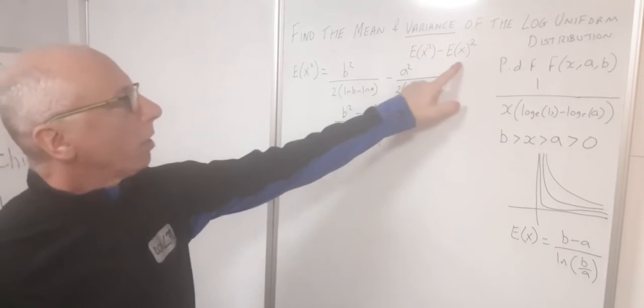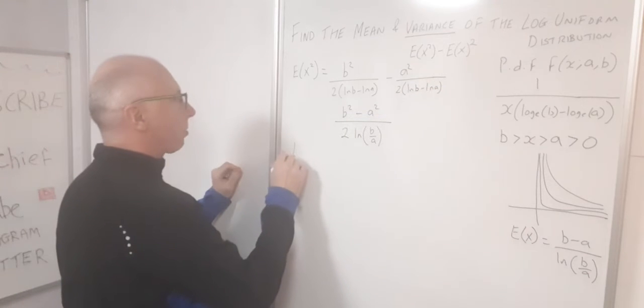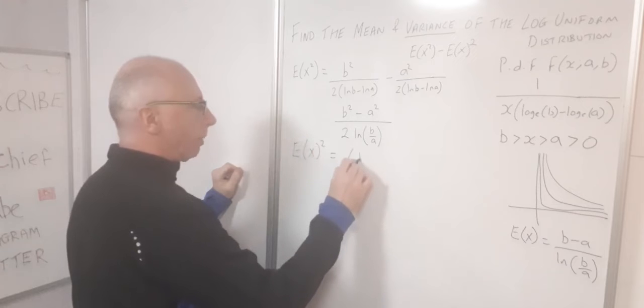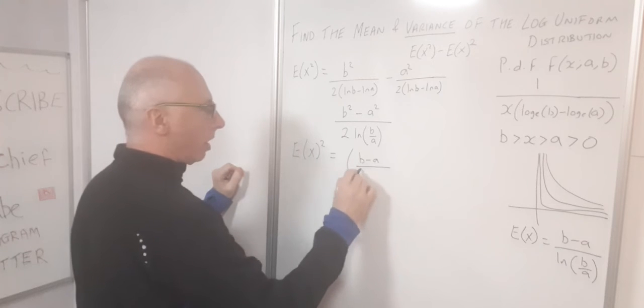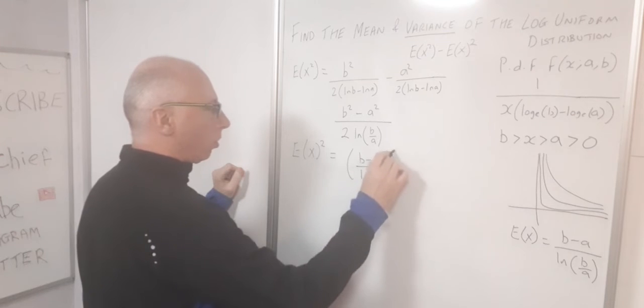Okay, now here I've got my E of X squared term to calculate, so that's this term. So let's try and calculate that here. E of X squared, that's now b minus a over the natural log of b over a, all squared.